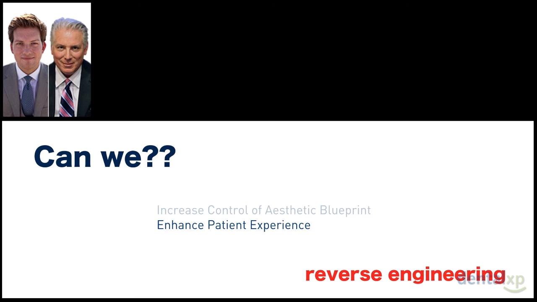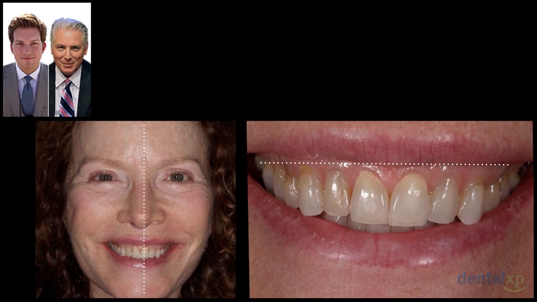So what we're going to do is try and reverse engineer the order of operations and how these treatment plans are accomplished. If we start with a patient like this, the patient came in wanting to change her smile. She had previously had plastic surgery and now wanted to take care of her teeth. Interestingly enough, we want to be able to locate that facial midline and horizontal perspective of the face into the position of the smile.